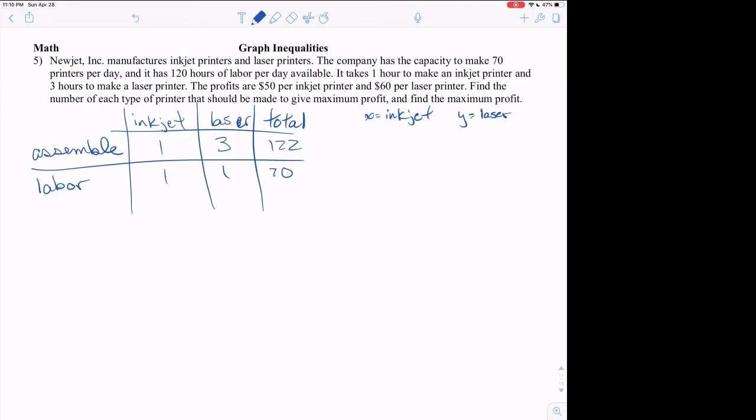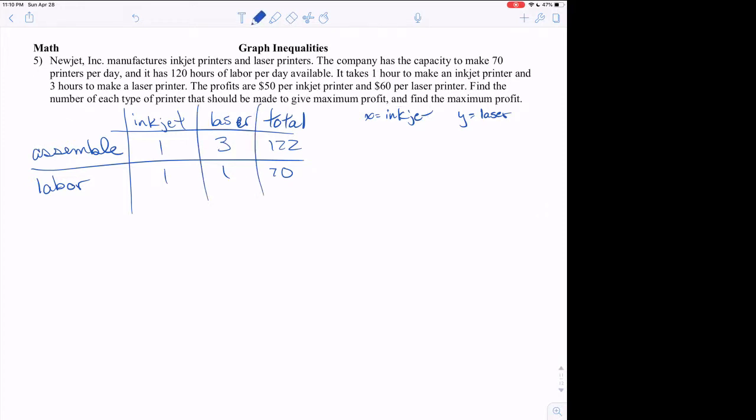Now, when I've taught these classes before, everybody's like, well, how do you know which is which? How do you know whether X is inkjet and Y is laser, or that it's not assemble and labor? The way that you can tell is if you read your sentence to come up with your profit equation.